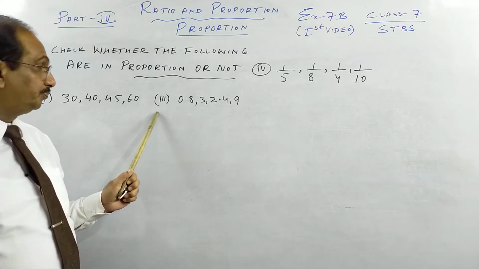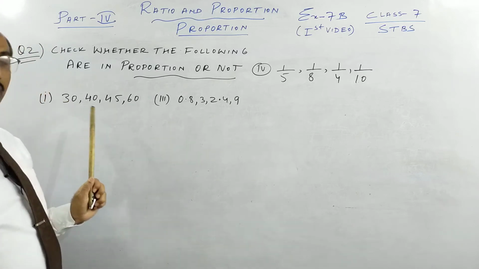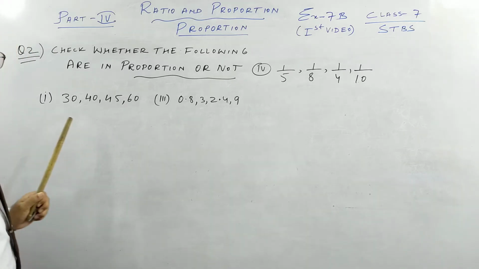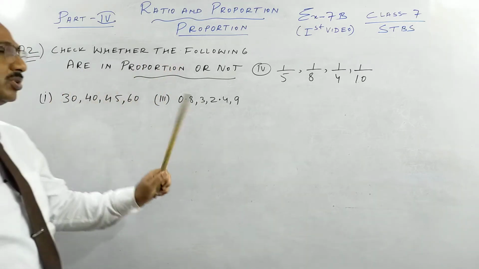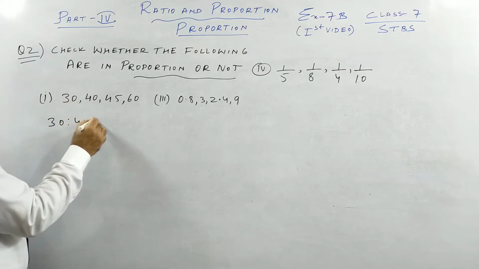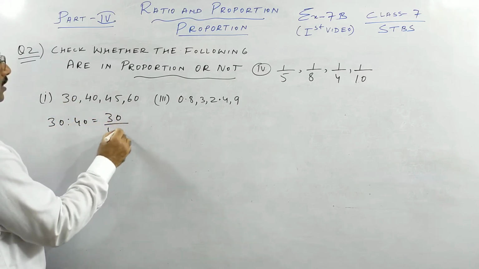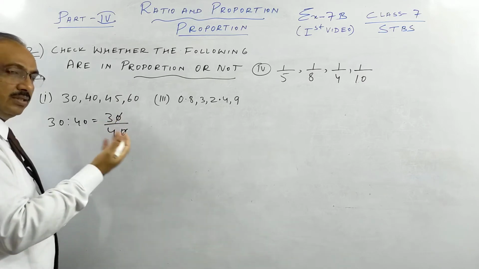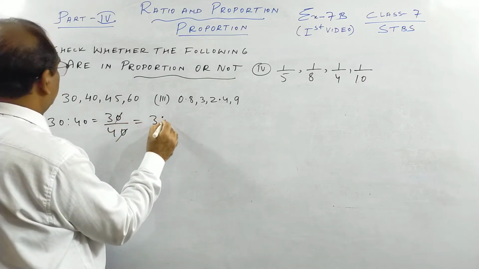Okay, so here we see the last question of this session. Check whether the following are in proportion or not. Take the first 2, children, and see whatever can be cancelled, we cancel, and we write in the simplest form.